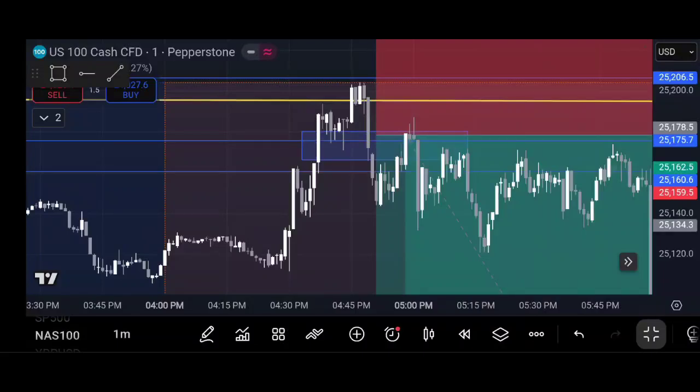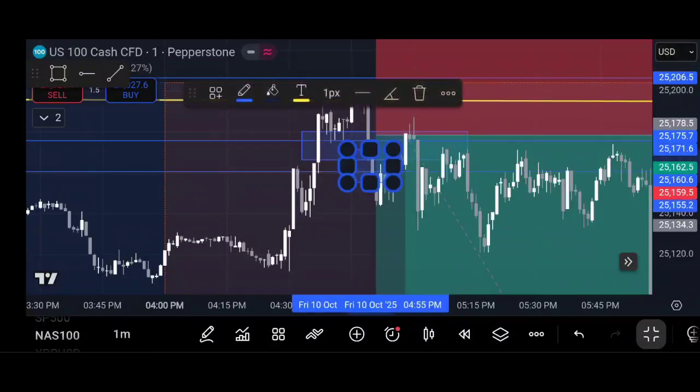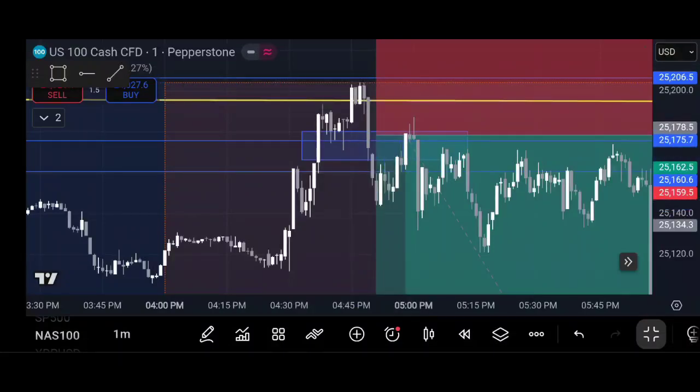Here you can see this bearish candle closed below the fair value gap. That means we got our confirmation. So we wait for the price to bounce back to this FVG, which I haven't marked.